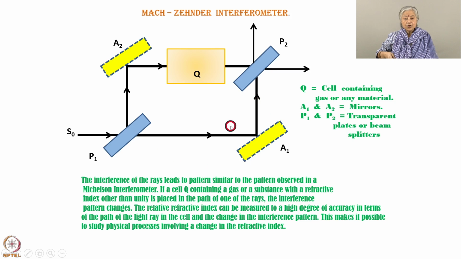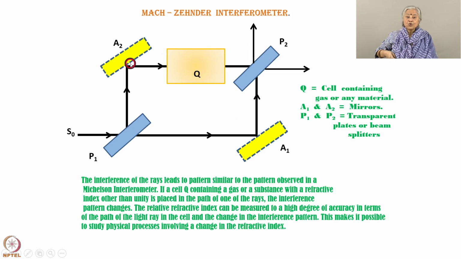This path has not been disturbed by any other element, while in this path a disturbance is brought in. This is a transparent material, transparent to this particular wavelength of light. It allows the light to pass through, but it has a refractive index and it will give a phase change which is different from this.